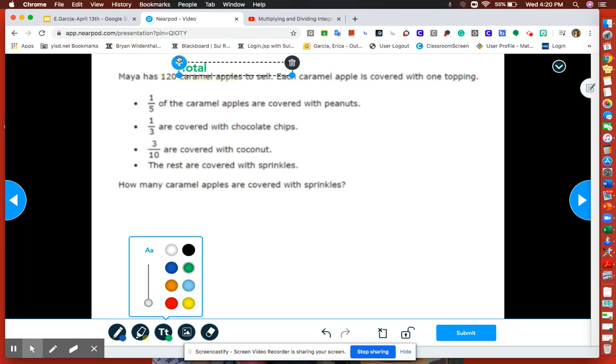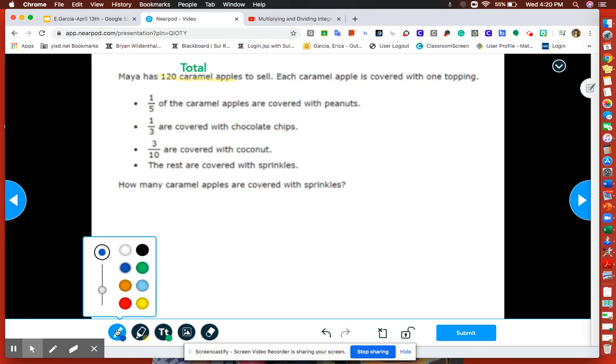What you are going to have to do is create the fraction bars. If I'm going to create a fraction bar, I'm going to look at the numerator and the denominator. The denominator is going to tell me how many sections to cut my fraction bar in, and the numerator is going to tell me how many of those sections I actually need.